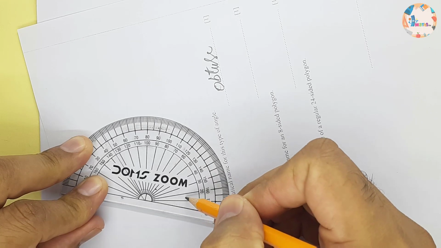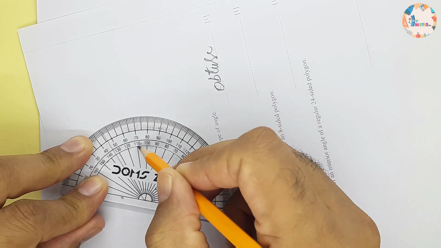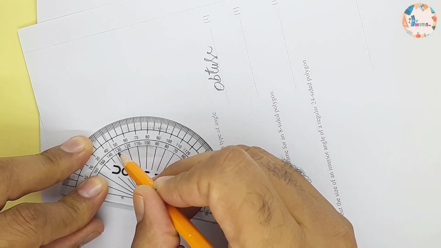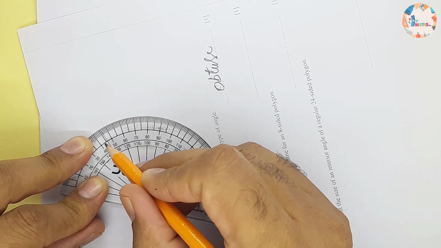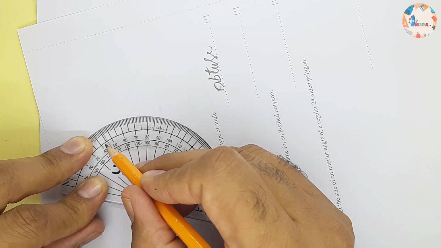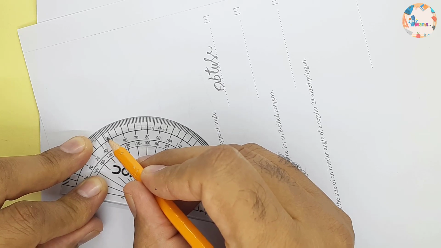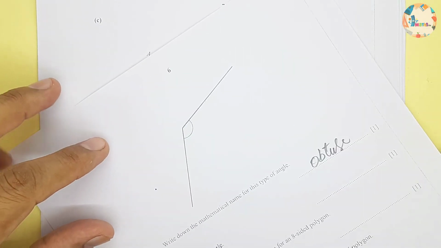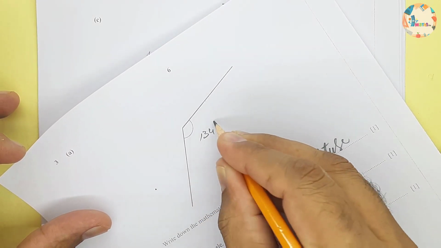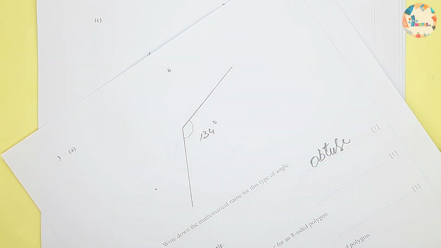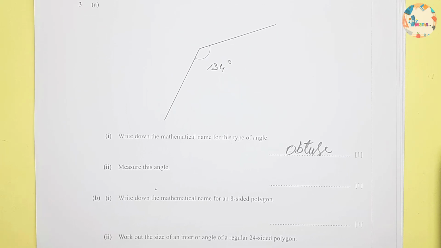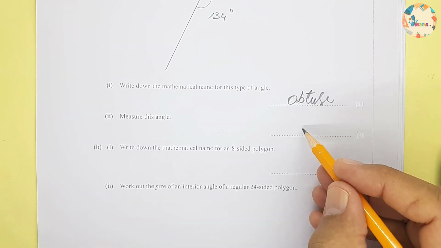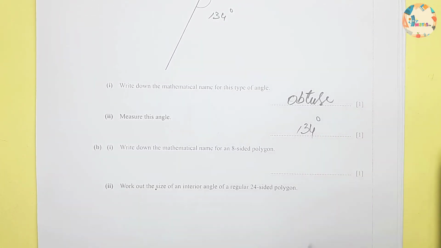Starting from 0 up to 90, then 100, 110, 120, 130, and this is one less than 135. This is the 135 line, so 134. So we'll write here 134 degrees. This will be the measurement which we have taken.